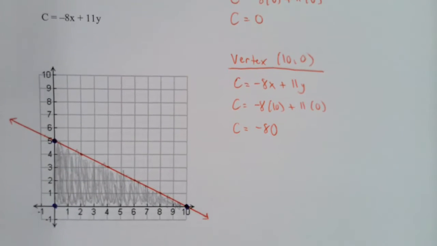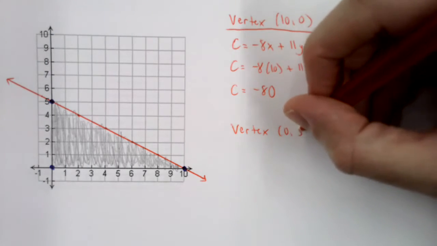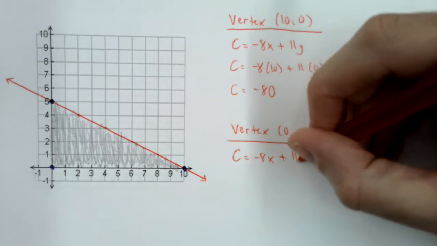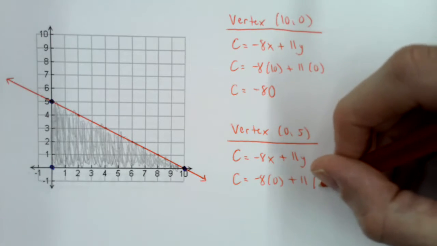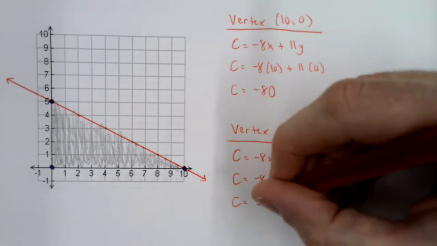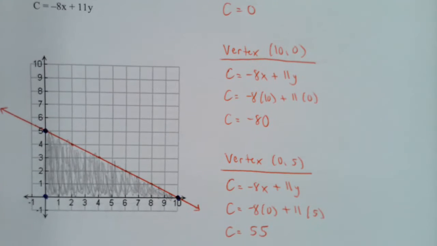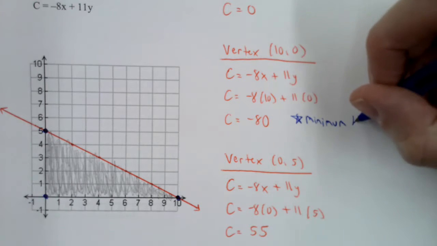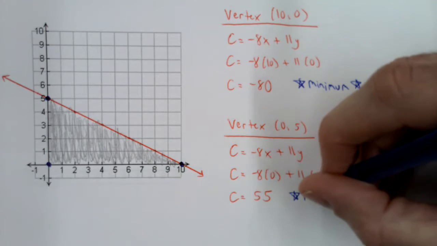Now let's test our last vertex, which is (0, 5). Replace the x with 0 and replace the y with 5. And that gives you 55. Now, if you look at the three numbers we got, negative 80 was the smallest number, so that's going to be our minimum. And 55 was the biggest one, so 55 is going to be my maximum.